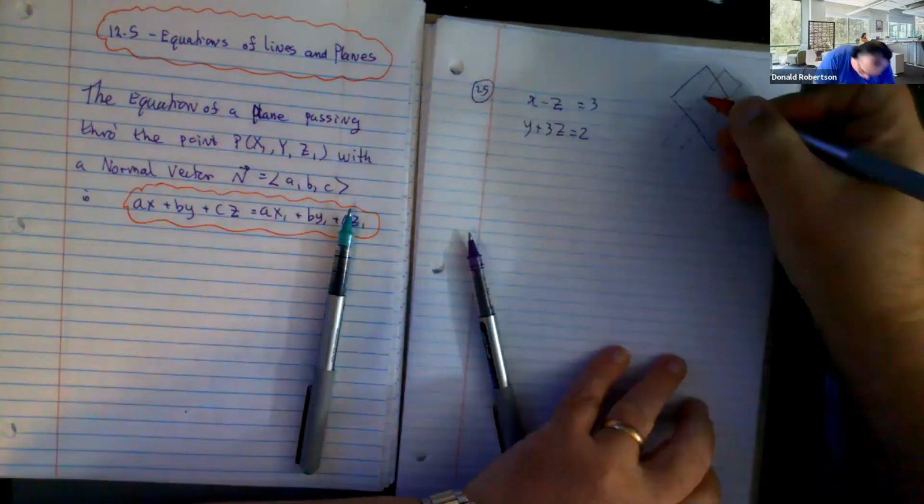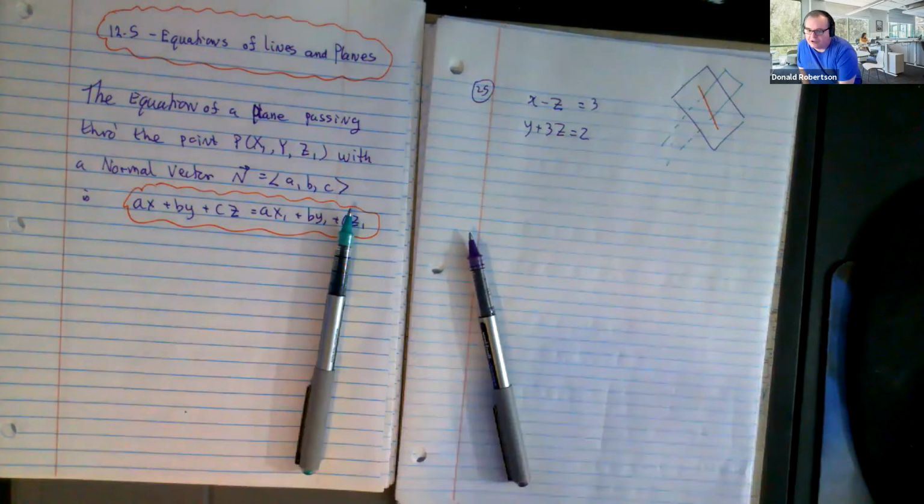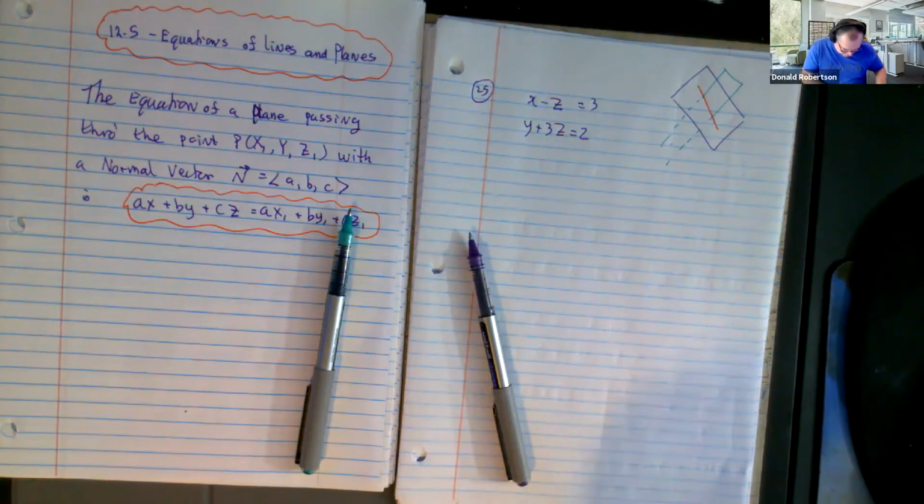Can you see that two planes do intersect? If they can, let's phrase it that way, can't two planes intersect on a line? So we want to find the equation of that line, because if I can find the equation of that line, can I also find a point on that line? And won't a point on that line be P, the point in the plane that we need? So we're going to get a lot out of this.